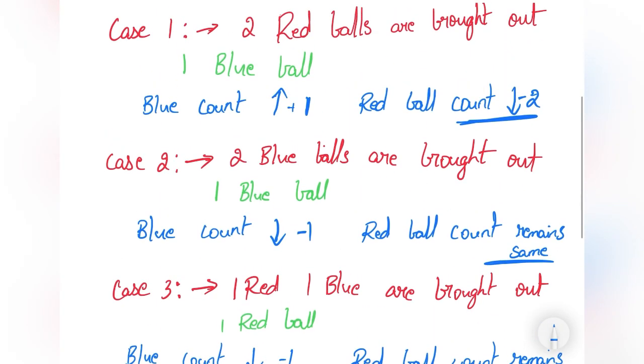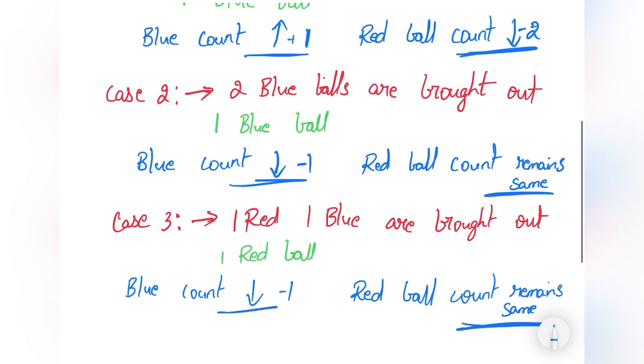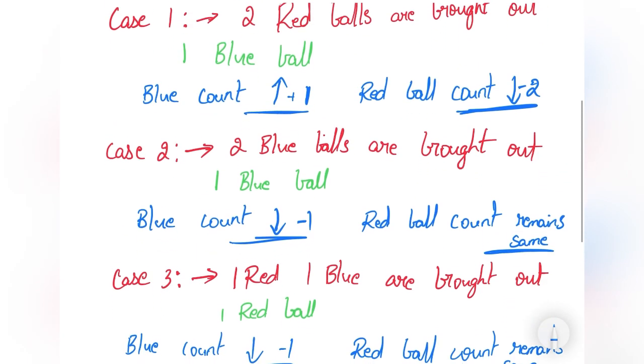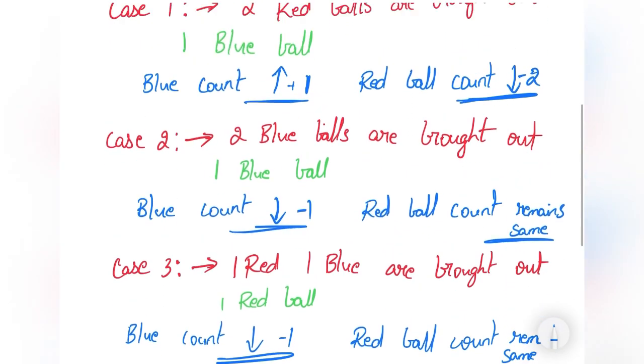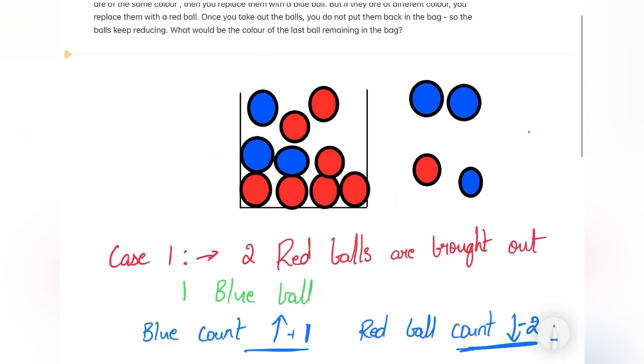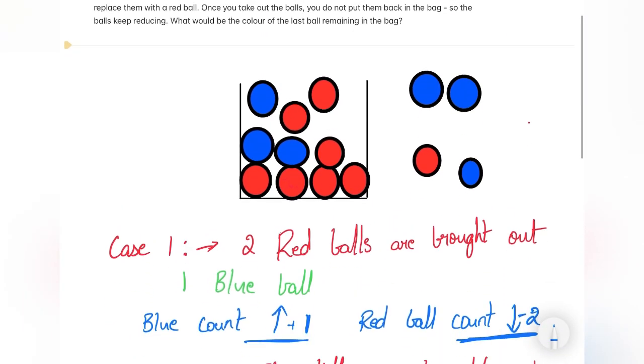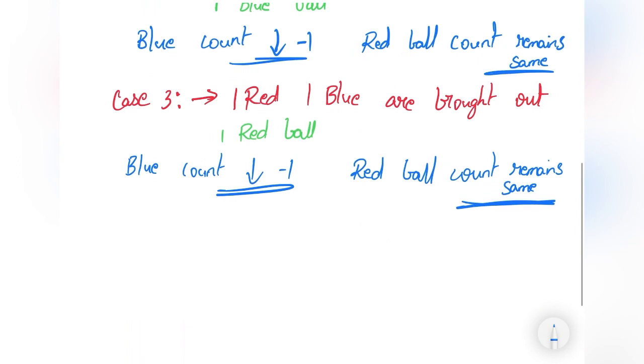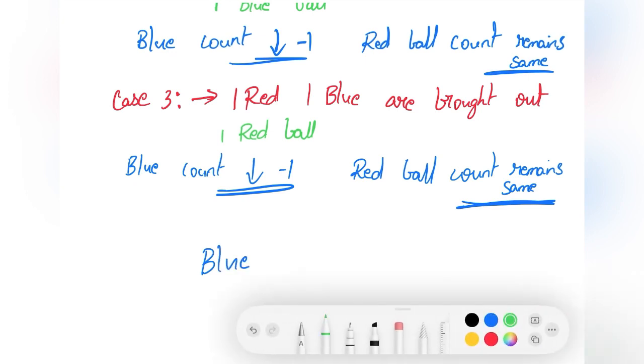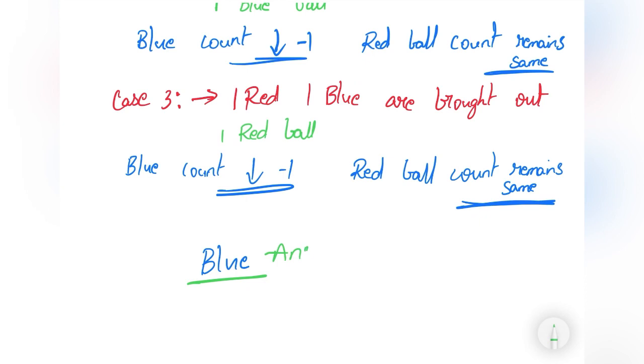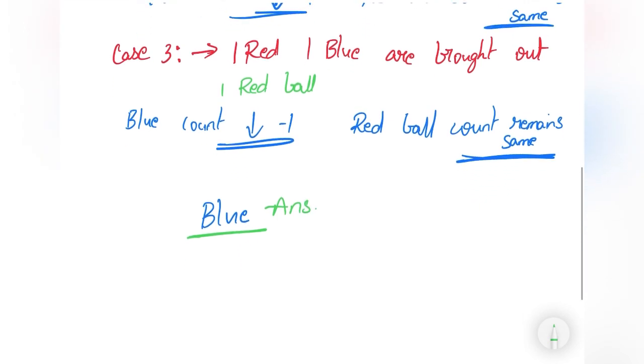But the blue ball count is increased by 1 or decreased by 1 in all the three cases. So ultimately, if there is only one ball left finally in the box, then that should obviously be blue.